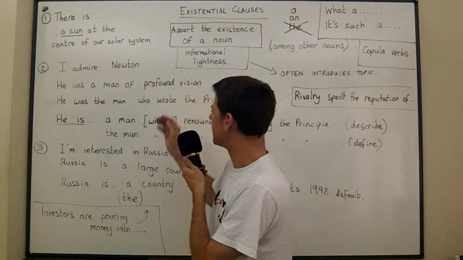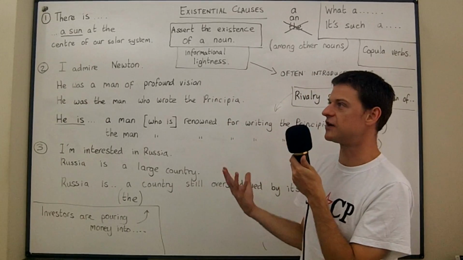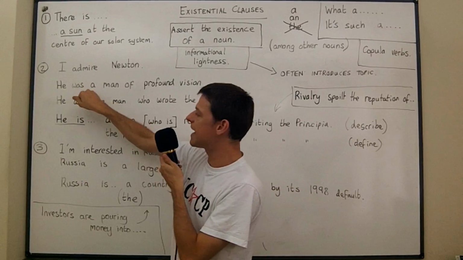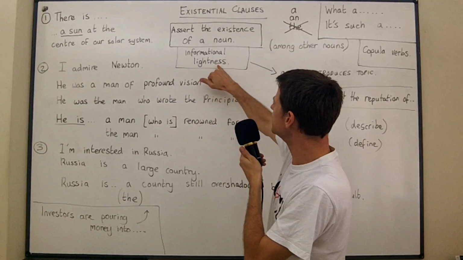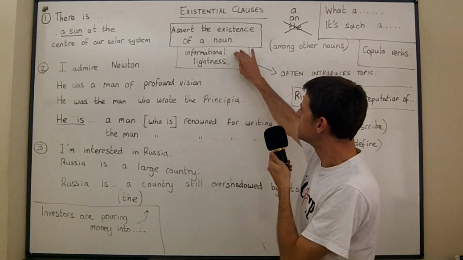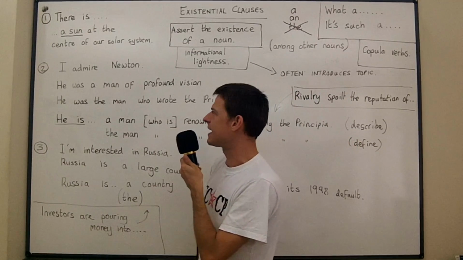He was a man of profound vision. He was a wonderful scientist. He was an interesting physicist. Here I would be saying a, even if I used many sentences. And it's because these sentences are just asserting facts about Newton. They're pretty light on information, and so it would be a.